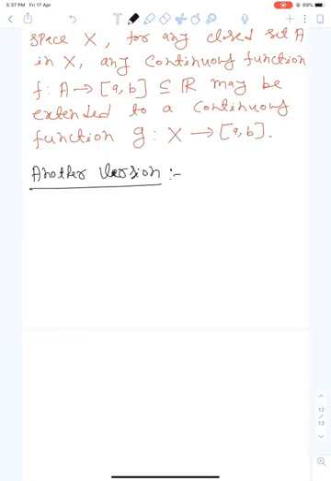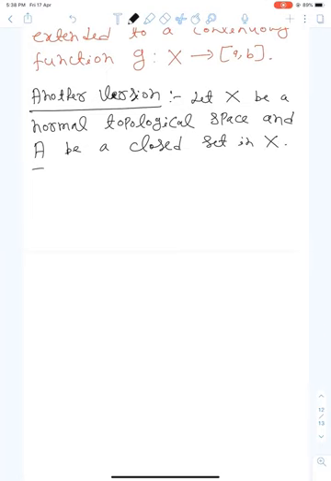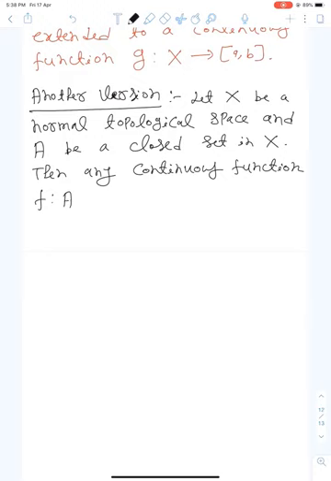So first of all, again, let X be a normal topological space and A be a closed set in X, then any continuous function f from A to R.